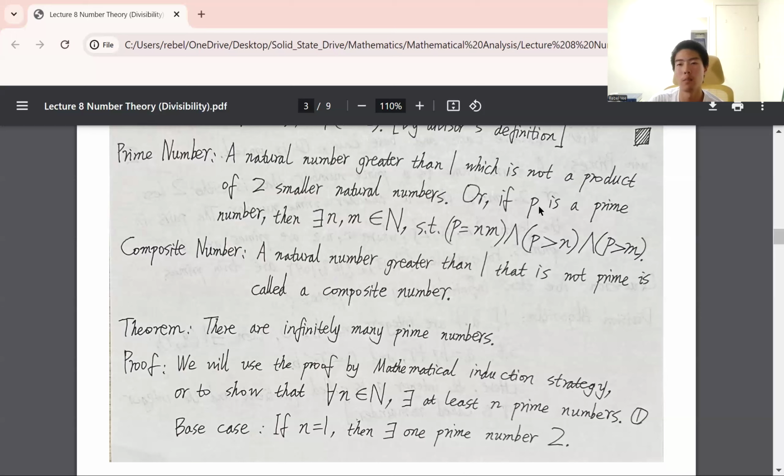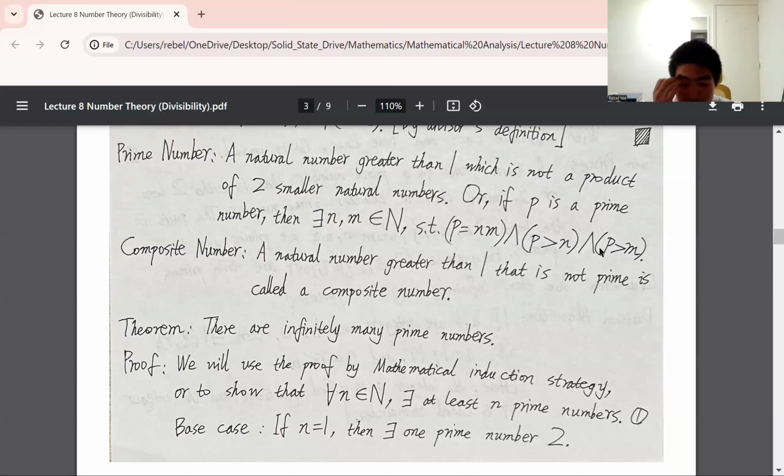So if we say P is a prime number, then P is equal to N times M, and P greater than N... maybe not correct.